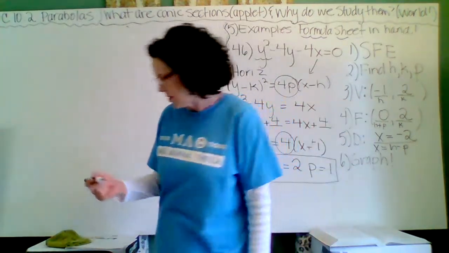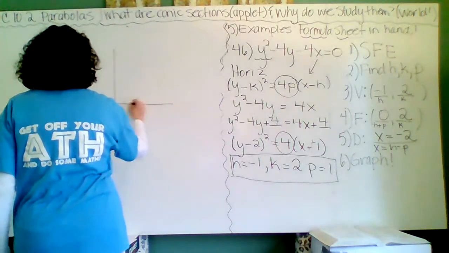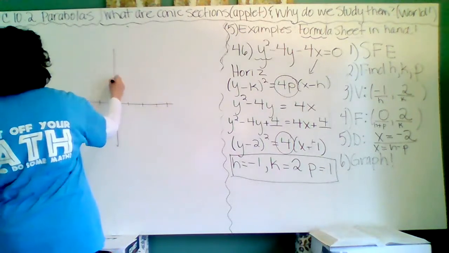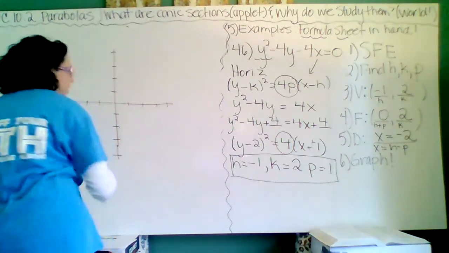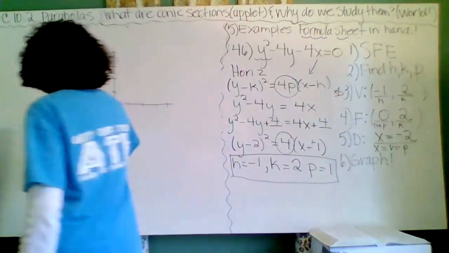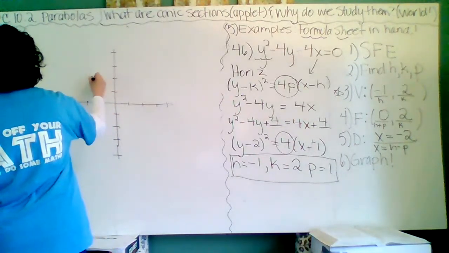So let's start with the vertex, right? So here's our graph. All right, so our vertex is at -1, 2. Right, and I'm going to label that the vertex.